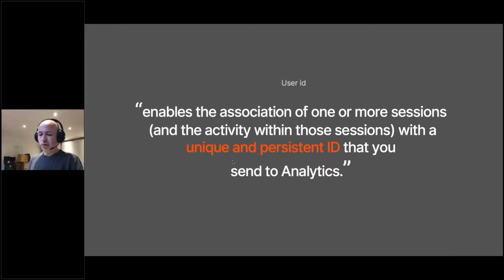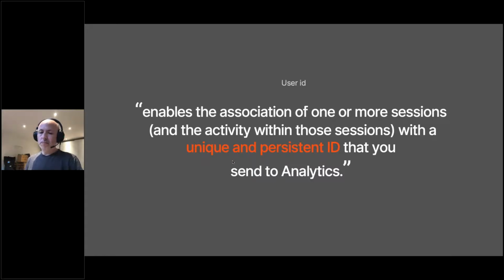It is possible to now send from mobile a unique identifier for the user that is persistent and is based on an ID that you as the developer choose. So typically this would be something like an internal ID that you use in your backend systems for that particular user that you've then encrypted using a hashing algorithm or something like that, so that it can go into the public domain and it's essentially meaningless from the point of view of being out in the public.